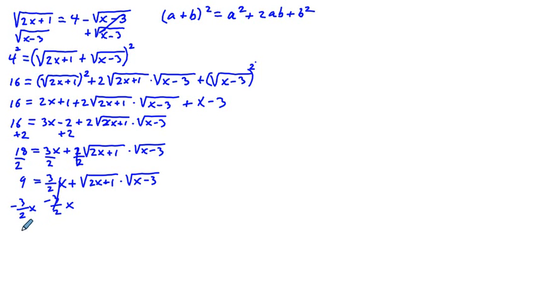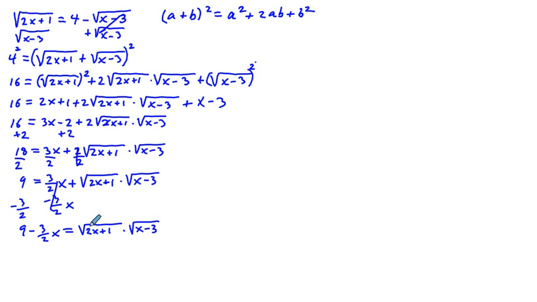So now what we have on the left side is 9 minus 3/2 x equals the square root of quantity 2x plus 1 times square root of quantity x minus 3.